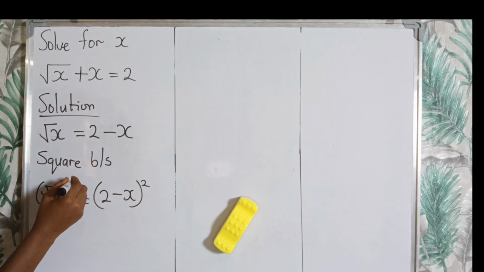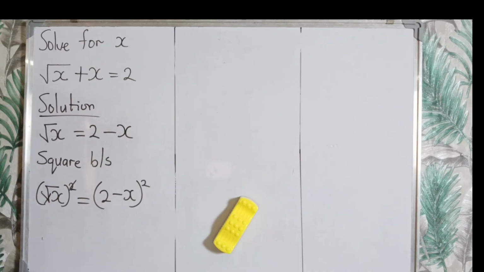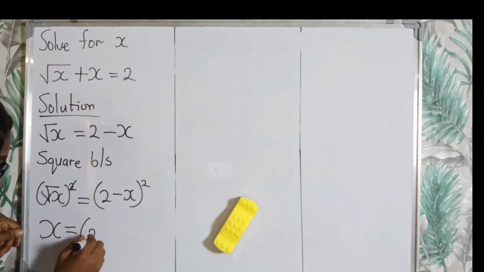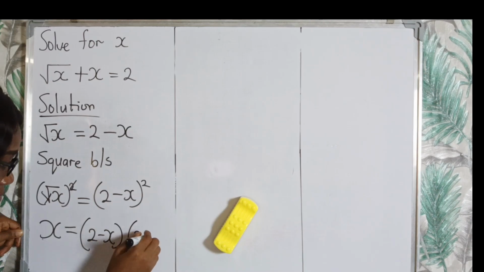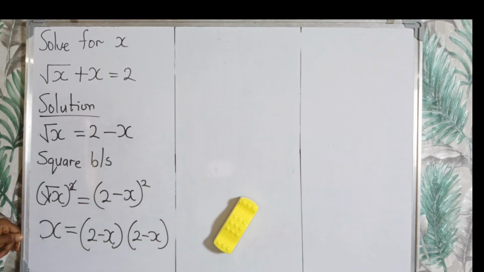So these two will cancel the root, and we are now left with just x equal to, this can be written as 2 minus x multiplied by 2 minus x.